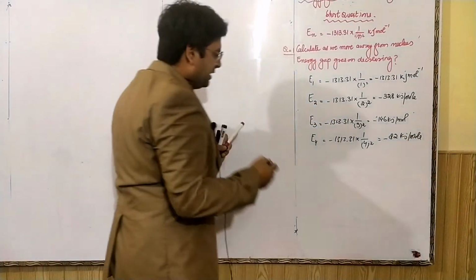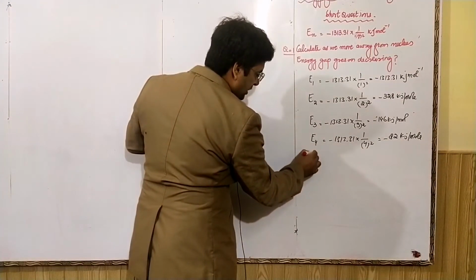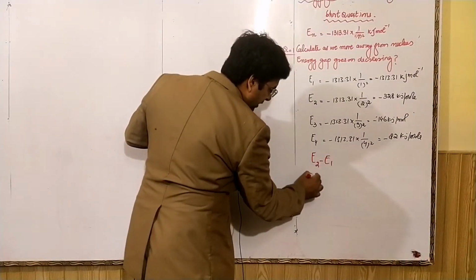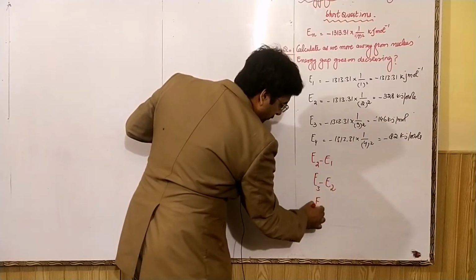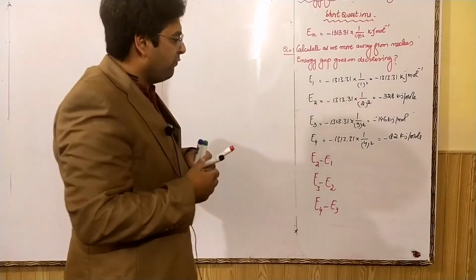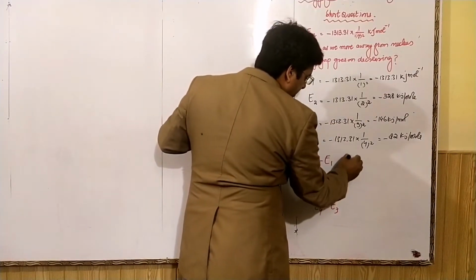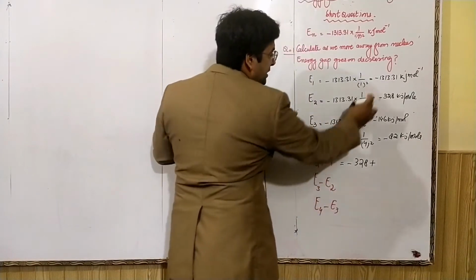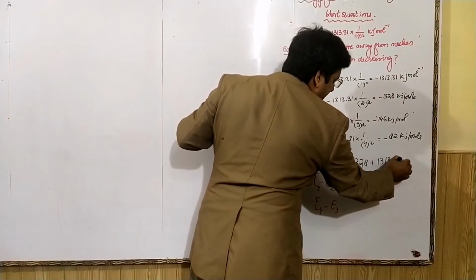Now, calculate the energy difference in first two shells. First two shells is E2 minus E1. Then we will find out E3 minus E2. Then we will find out E4 minus E3. So E2 minus E1: E2 is minus 328, minus into minus would be plus, 13.31.